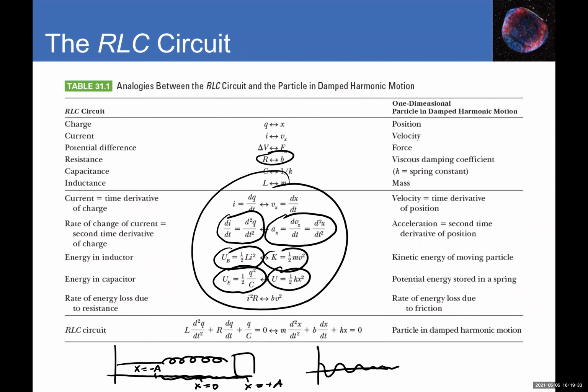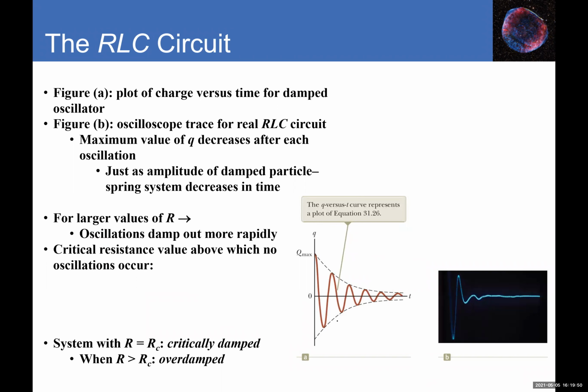And then this is the equation for the damped particle in damped harmonic motion. This is the equation for the RLC circuit, where the inductor, resistor, and capacitor are connected in series with one another. Okay. So here you can see what happens with the Q max, right?